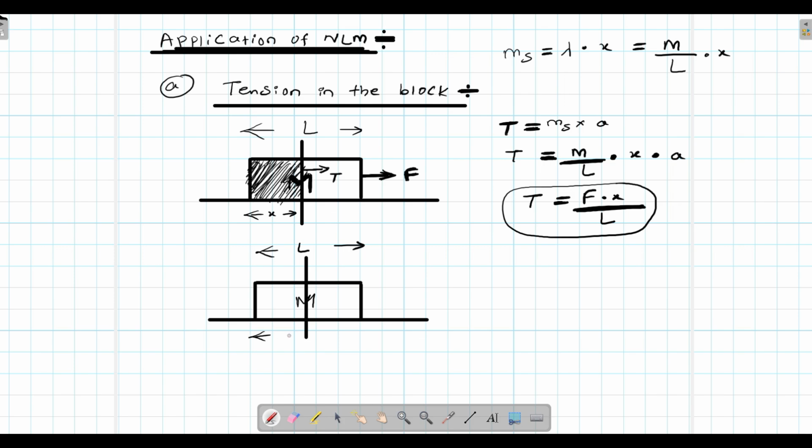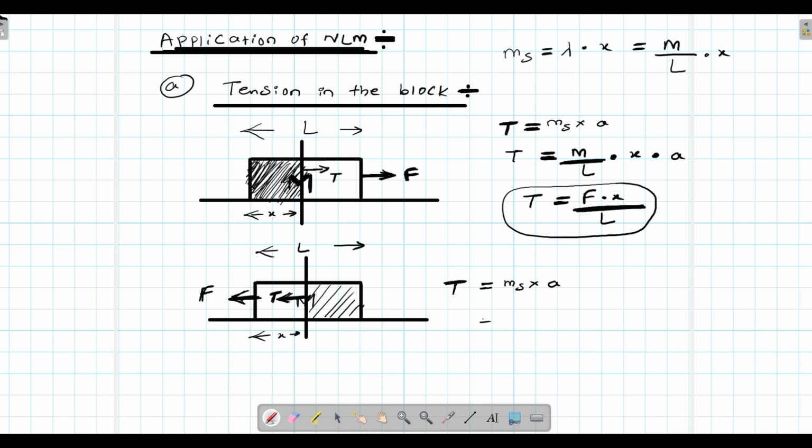So here the force applied is F. So tension equals how much? Tension equals mass into acceleration.